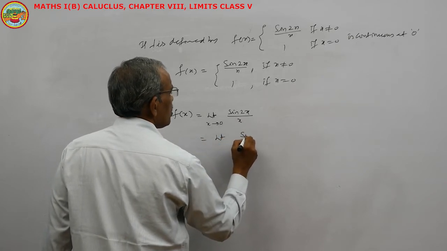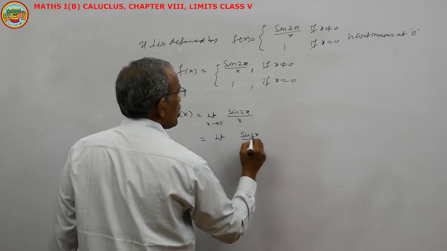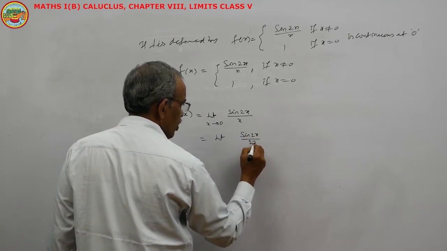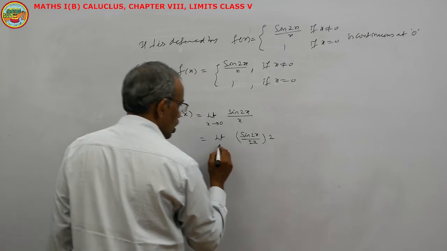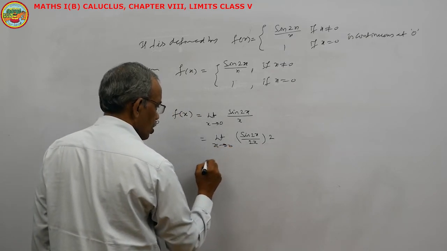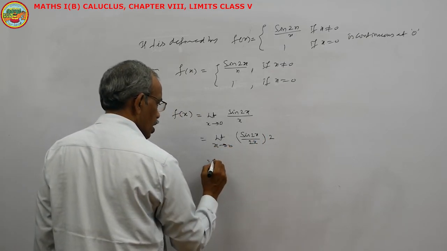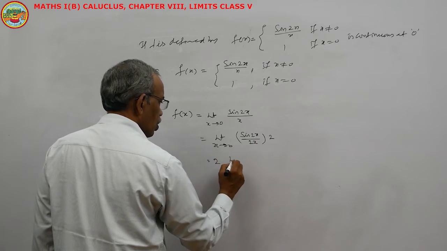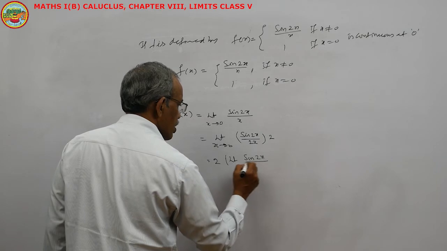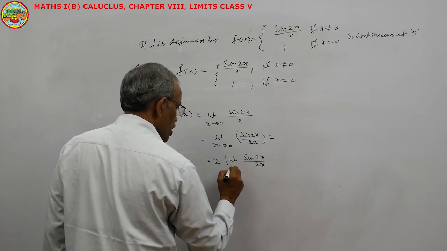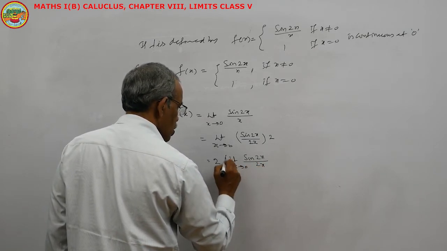This is equal to 2 into limit of sin 2x by 2x as 2x tends to 0, where 2 is a constant term.